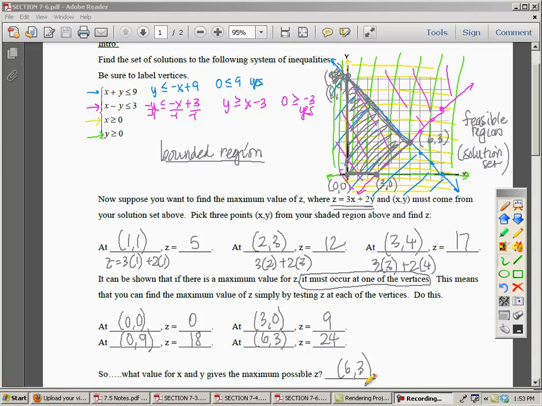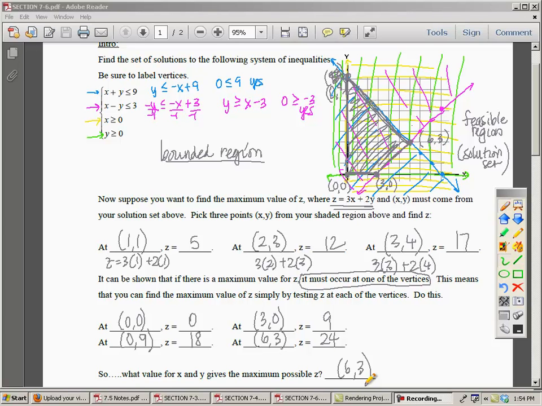This gives you a general overview of what's going on. What we're doing today is finding a region of intersection called the feasible region. Then we use a program, a value of z, to figure out where our maximums or minimums occur. That's the idea.